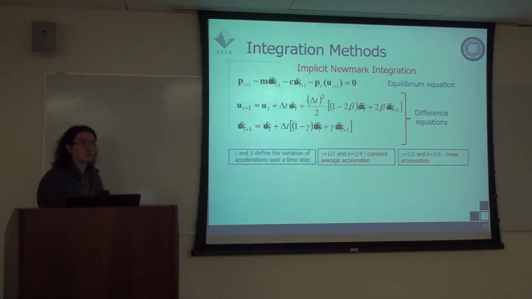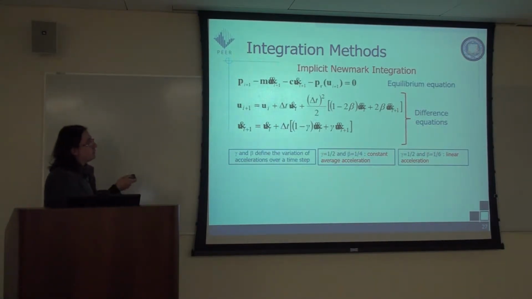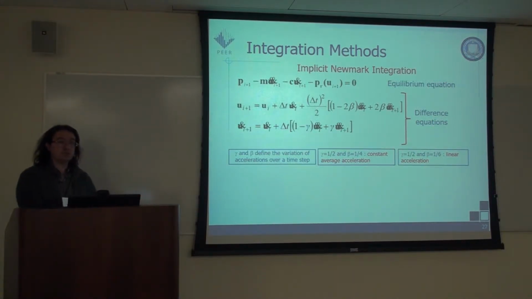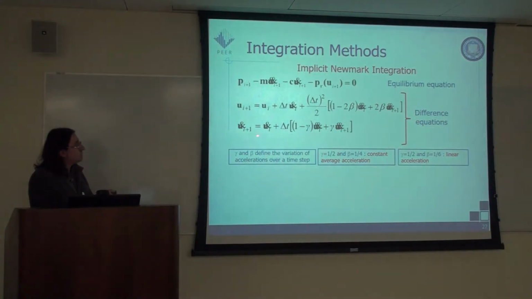You don't need to know all those equations anyway. But what I'll mention is that the implicit Newmark integration is basically based on a discretized equilibrium equation, which is this equation, and two difference equations where we define the displacement and velocity of the next time step in terms of other parameters.